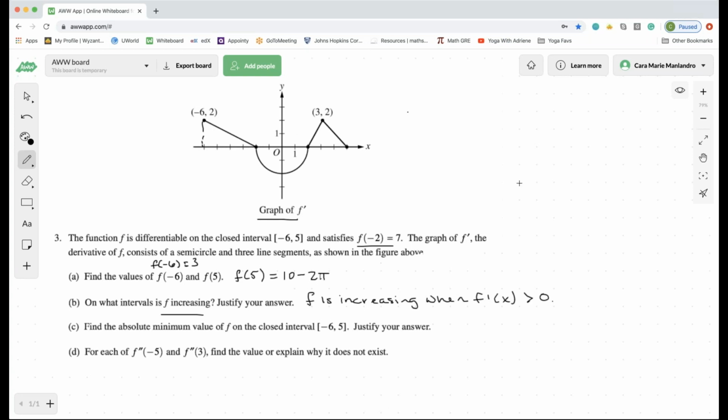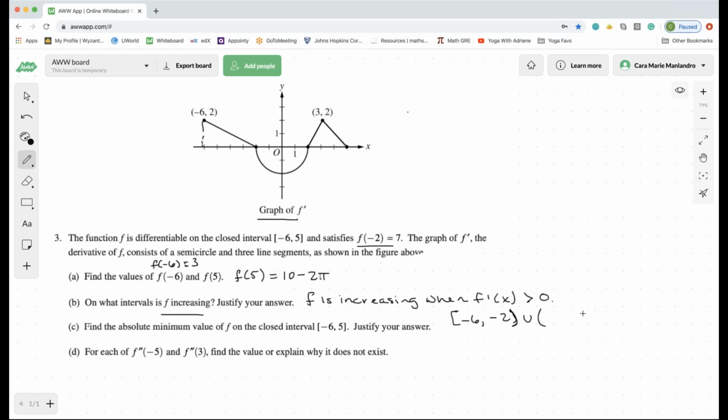All right, so this we can just read off the graph. We're increasing from -6 to -2, right, above the graph there. This is an open interval, all right? It's below the x-axis on -2 to 2, so that is not increasing.